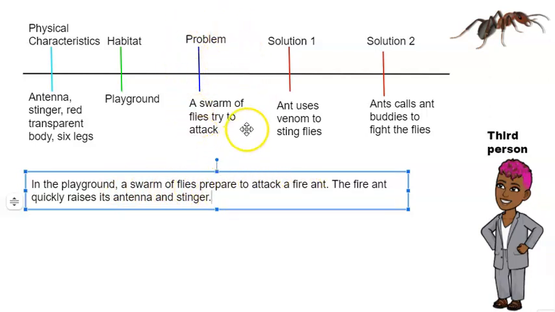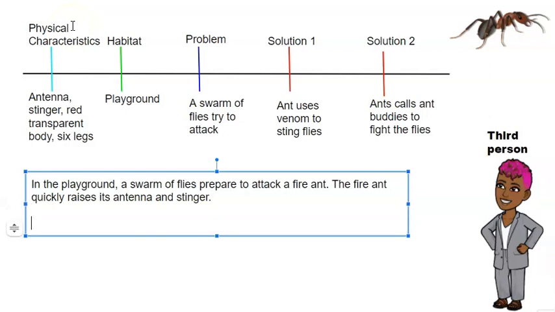That's me discussing the problem with the predator in the story. And I said the fire ant raises its antenna and stinger, and that's me discussing the physical characteristics of the fire ant. And even with the third person, I'm now going to say, what should the fire ant do?